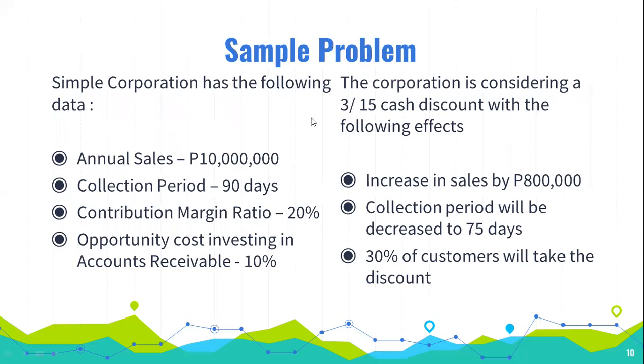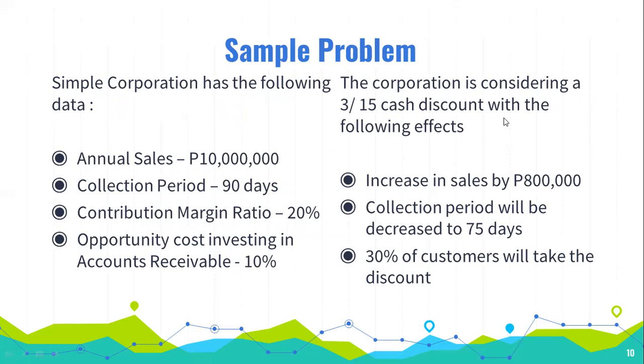In this problem, Simple Corporation has the following data. Annual sales of 10 million pesos, collection period of 90 days, contribution margin ratio of 20%, and opportunity cost of investing in accounts receivable of 10%.